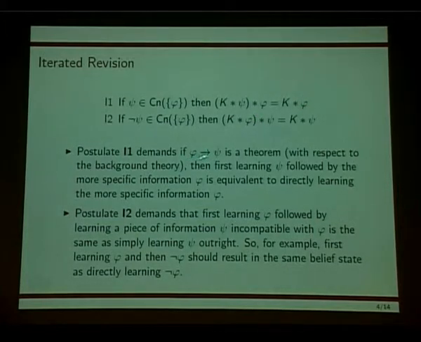Another postulate: if psi contradicts phi, then if you first have a belief revision with phi and then with psi, and you take that new psi as the real thing, then since it contradicted phi, you might as well do a revision with psi straight away.